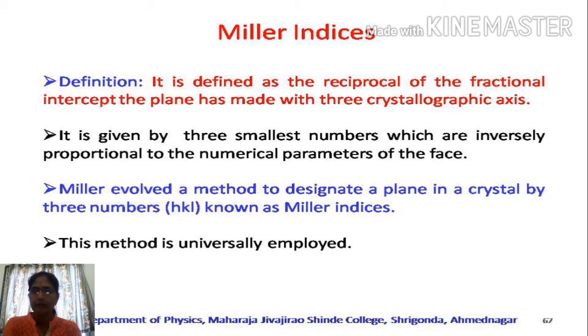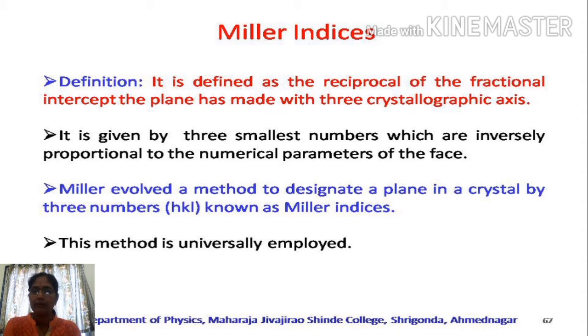We know that while defining a crystal, we are considering x, y and z. If a given plane intersects the x-axis at some place, y-axis at some place and z-axis at some place, then one can easily define its Miller index. Miller index is given by the three smallest numbers which are inversely proportional to the numerical parameters of the plane.